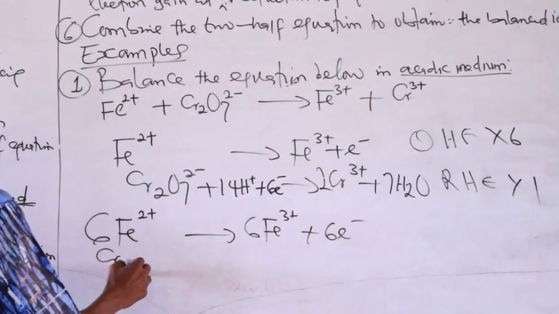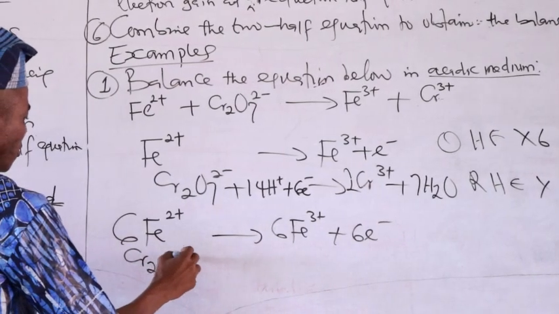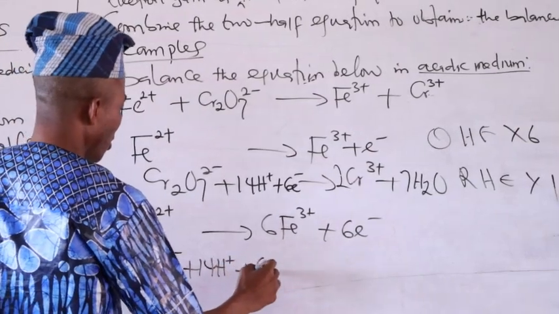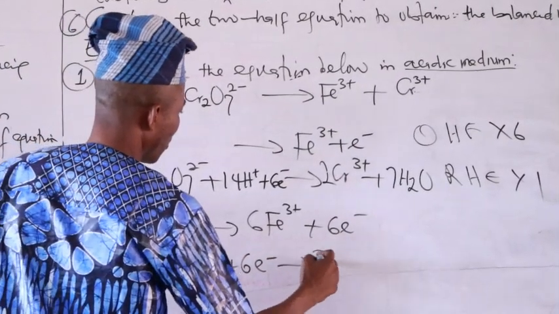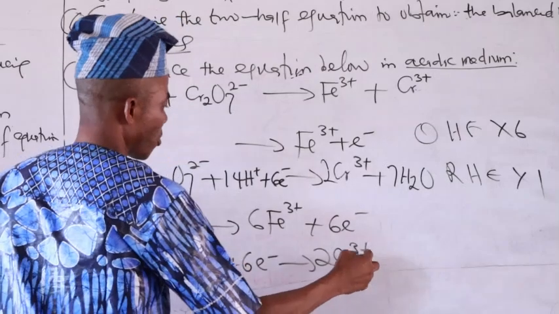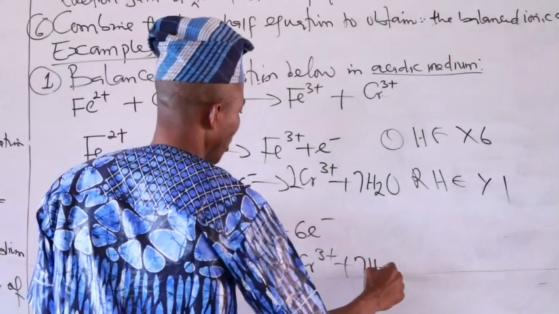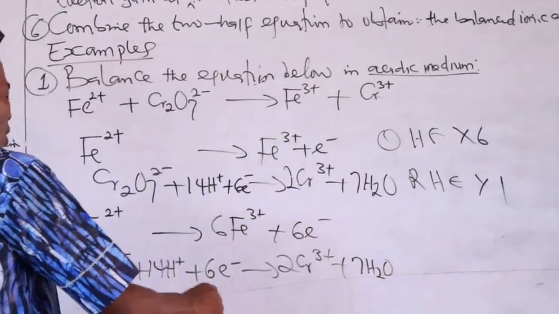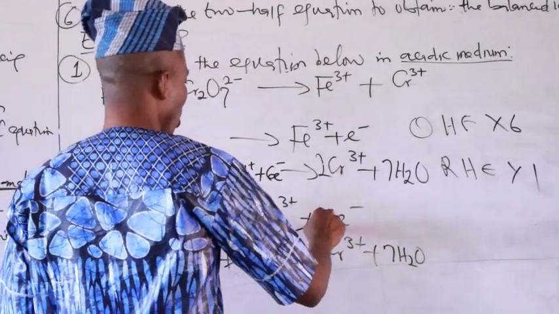And this means Cr2O7 2- plus 14 hydrogen ion plus 6e minus to give 2Cr3+ plus 7H2O. The electron gain cancels electron loss.